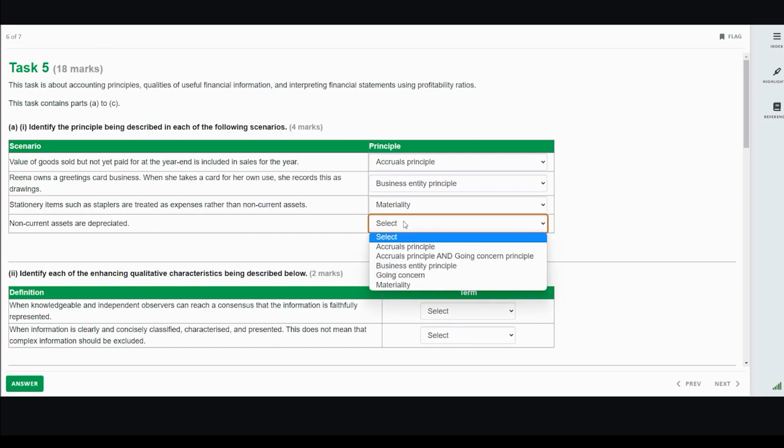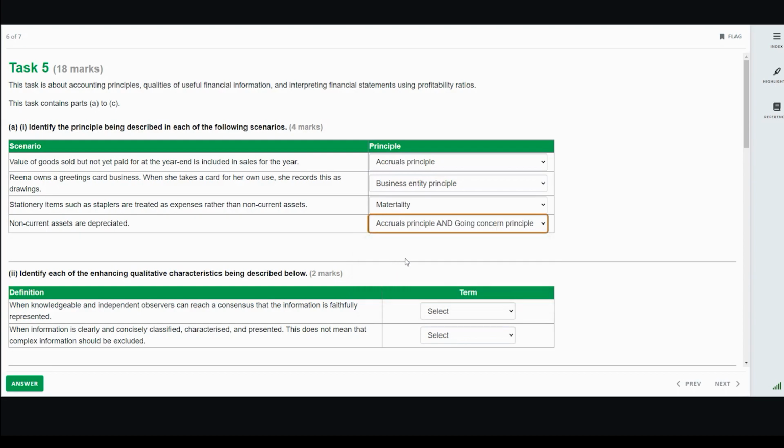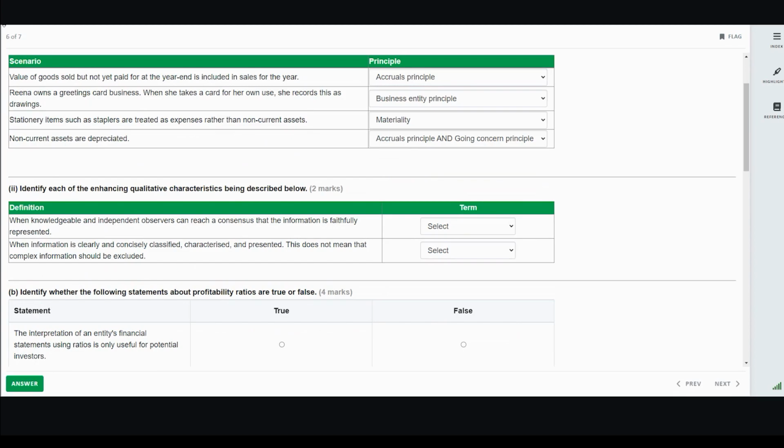So this is the accruals principle and the going concern principle. Okay, so we're saying that we're depreciating it to get a true value and the business is going to continue trading.